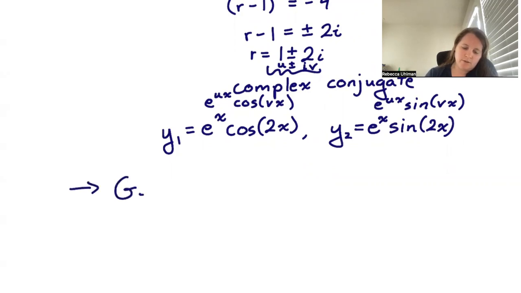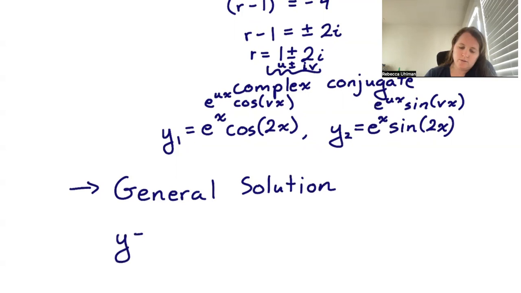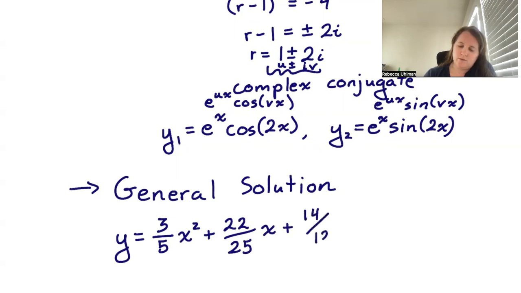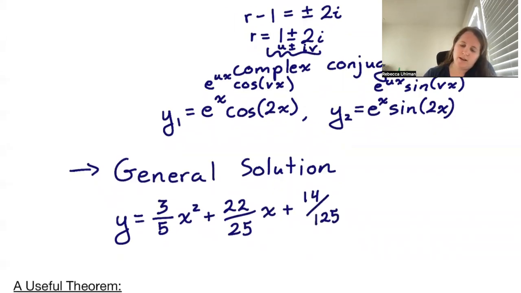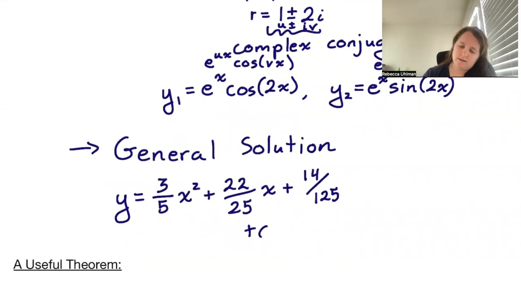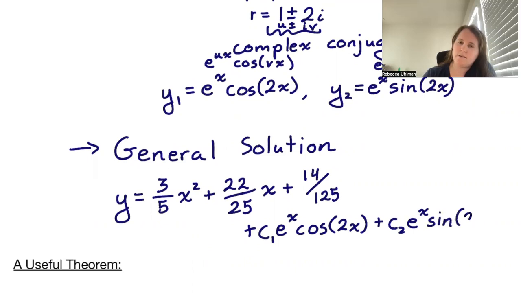Then we have that our general solution should be y is equal to our particular solution, 3/5 x squared plus 22/25 x plus 14/125, plus c1 e to the x cosine of 2x plus c2 e to the x sine of 2x.